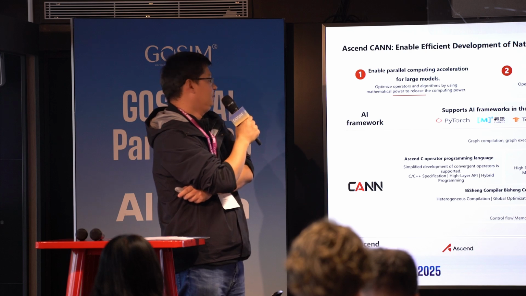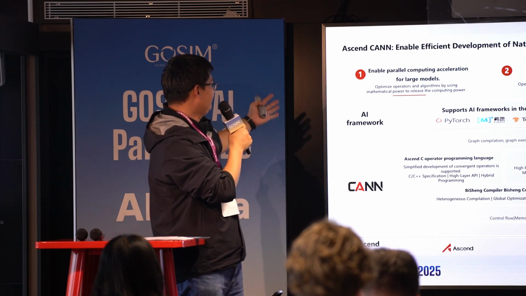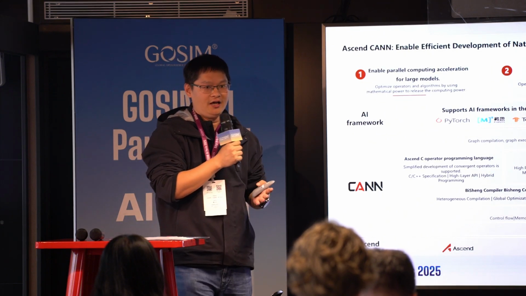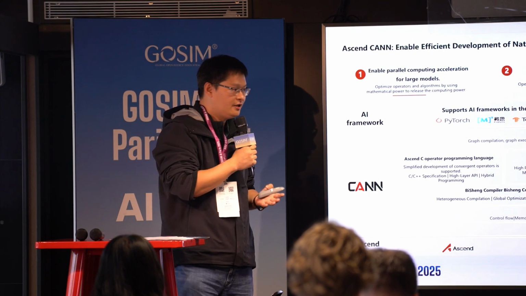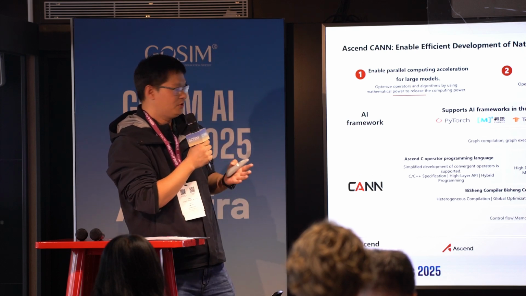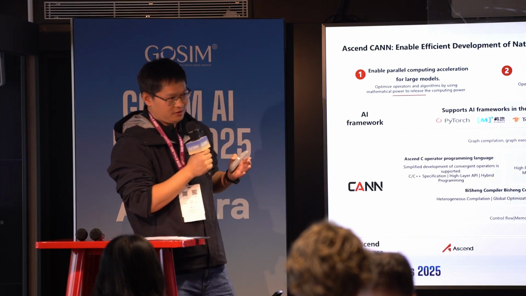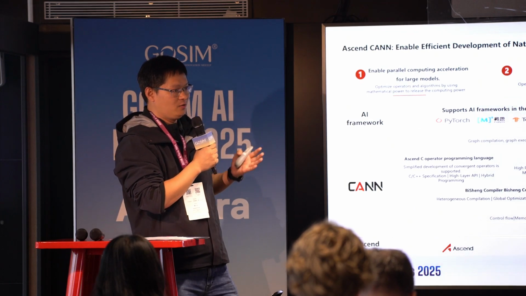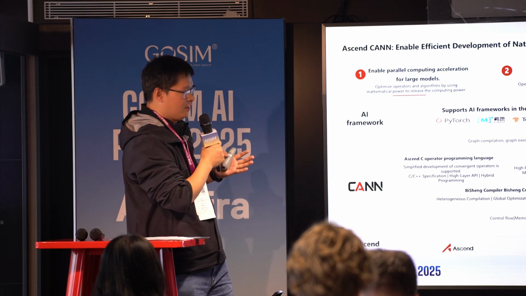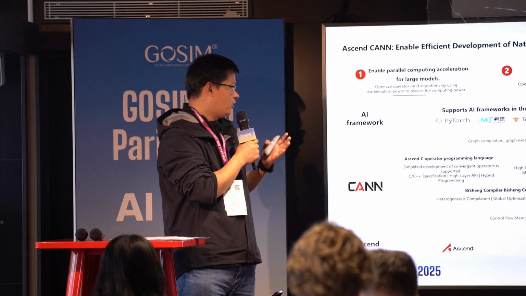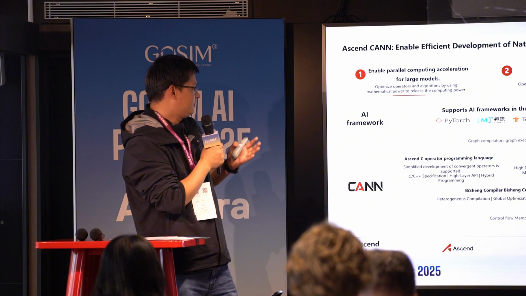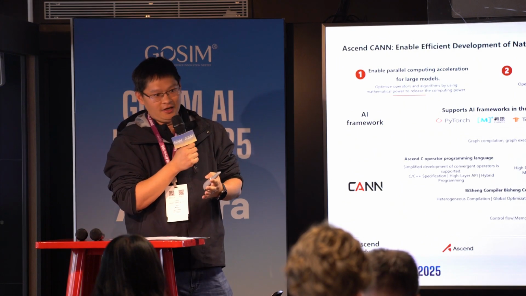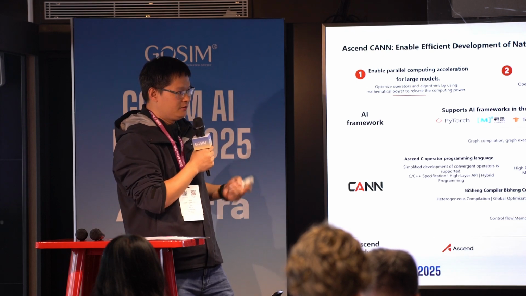Beyond CANN, there are a lot of open source AI frameworks and AI APIs built on CANN, or supporting Ascend hardware based on CANN. For example, the AI framework PyTorch and some others, for example, MindSpore and so on. They work on Ascend directly with CANN.